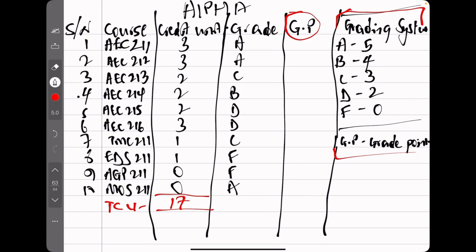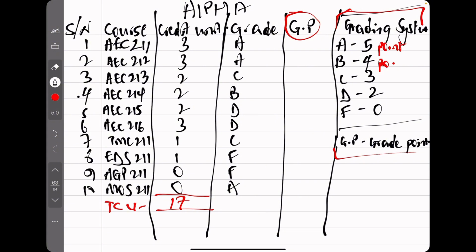An A stands for 5 points. If you have a B, you have 4 points. If you have C, you have 3. If you have a D, you have 2 points. We don't have E in Landmark University, so E is out of it. And if you have an F, that's zero. You have no points for getting an F, of course.